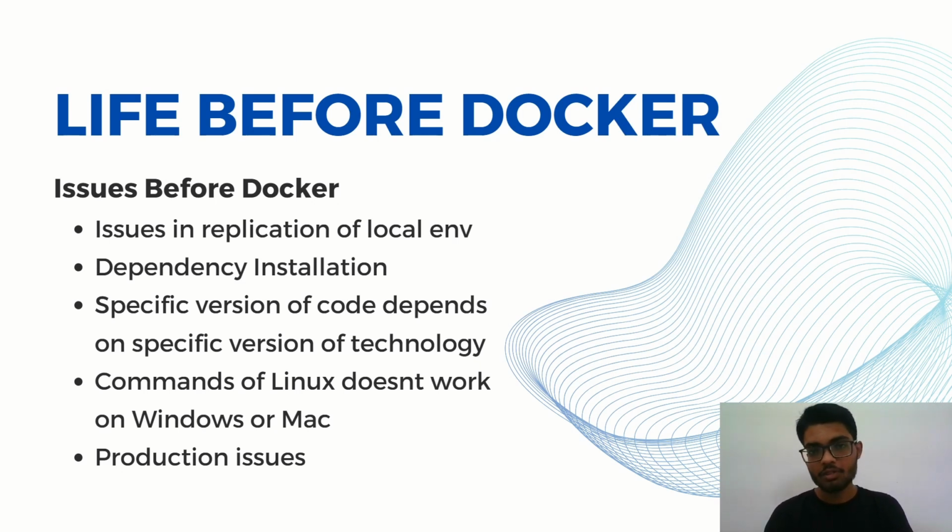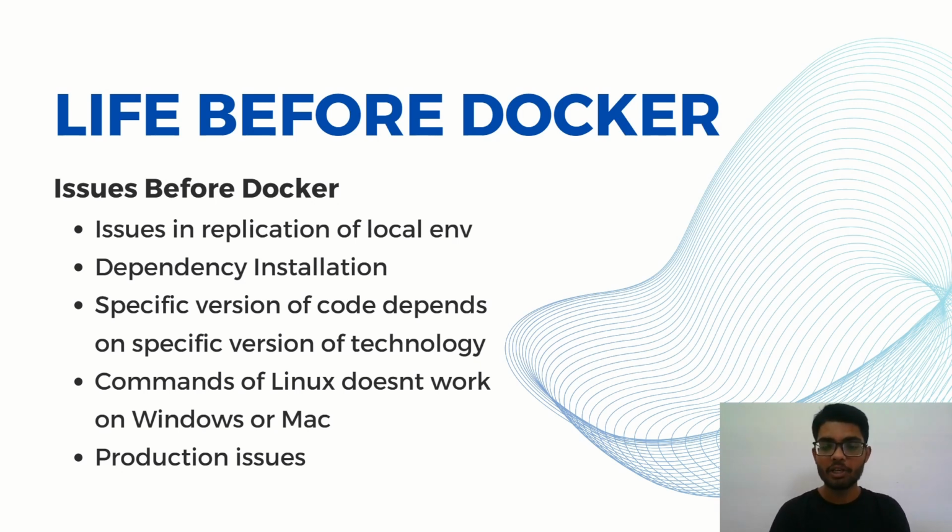So now you are using Node version 20, and as per latest, the other person who has Mac, he has Node 22. So it might be the case that the application is running perfectly on your machine, but as soon as you share that application to your friend, it might not run completely. So this was the issue while replicating one project or one application of a system to another.